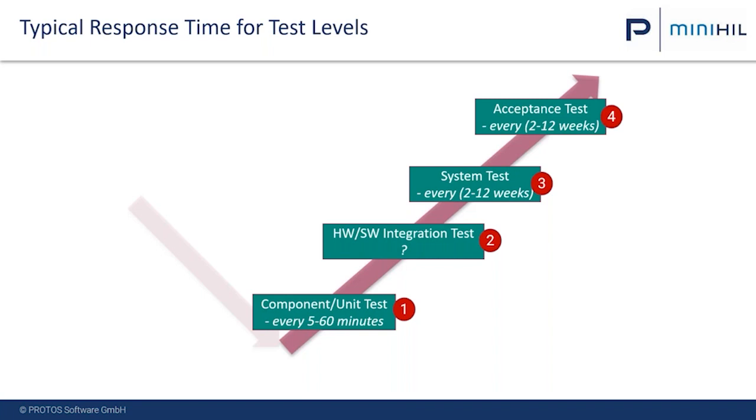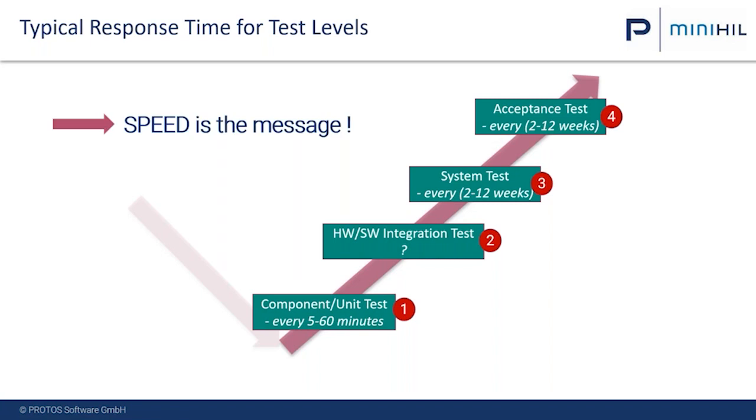Hardware software integration test usually is not done, so most people don't know how long this takes. A system test simulated with a hardware in the loop test system or a real system test is usually not done very often. Every couple of weeks, maybe every couple of months, depending on the effort you have to put in. And the acceptance test is also on the system test level usually, so it also does not run very often.